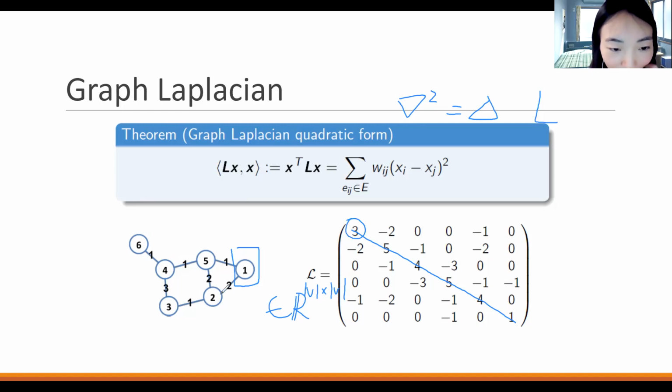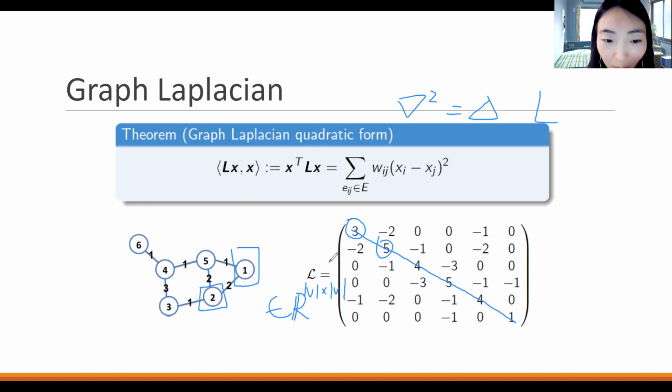And similarly, you add up all of the weights of the edges going out from node 2. So here you get 5. So all of these give you the diagonals like this. And because this graph is not directed, meaning there are no edge directions, this L is a symmetric matrix.